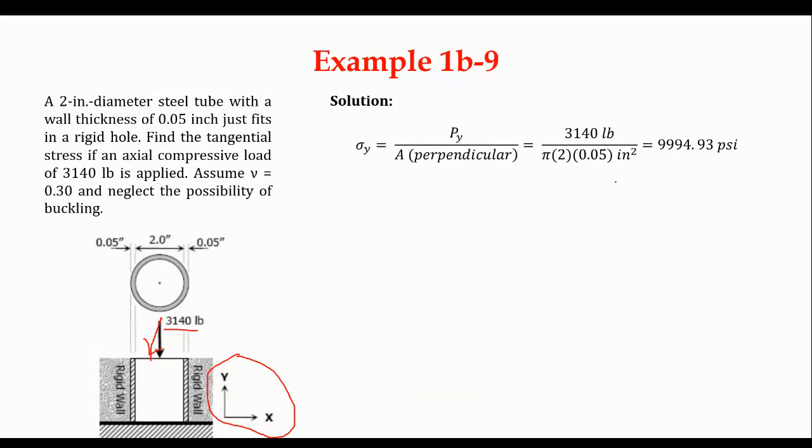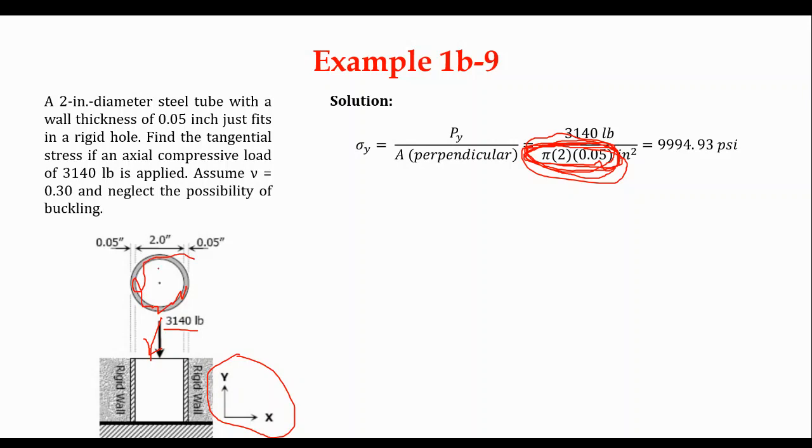By the way, guys, kanigod, this is still contested. There are other books na nagaingon dili daw ni mao. But let's just stick na lang sa kung kinsa ang common. Naay ubang book nagaingon na ang area na gamiton should be the outside minus inside. Kay mao di ba ang area dere? Outside minus inside.